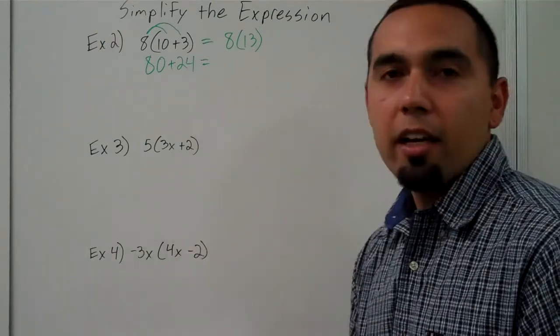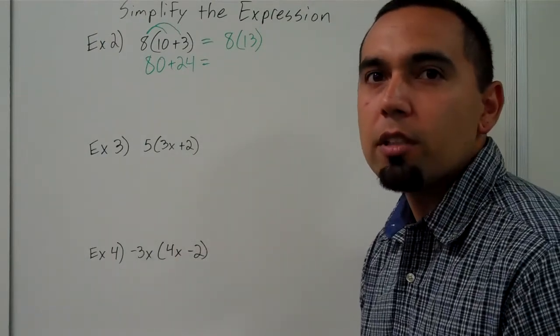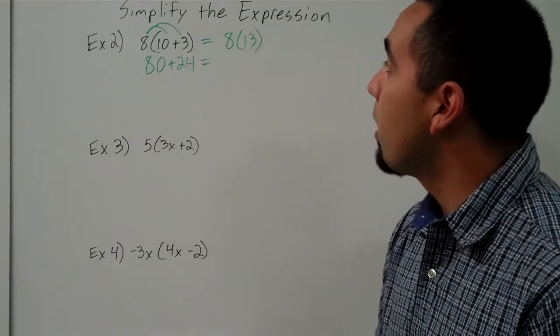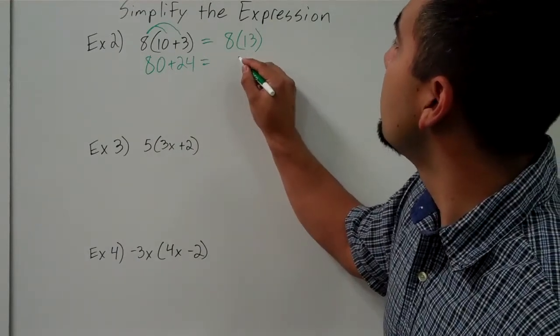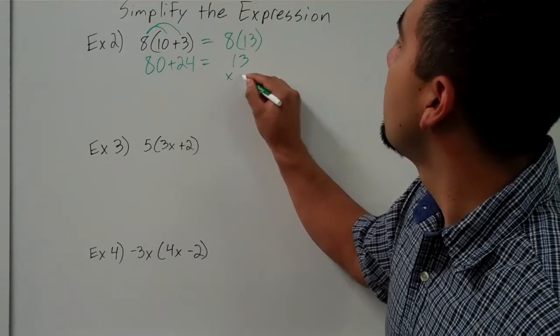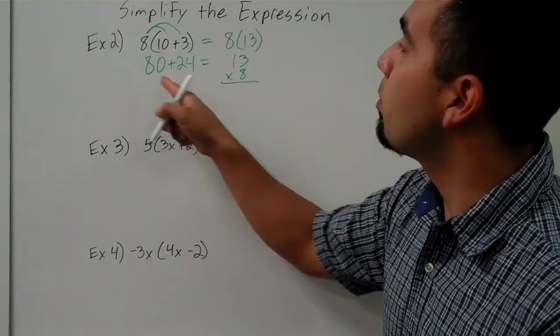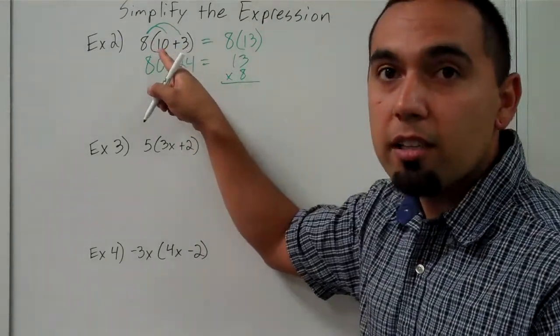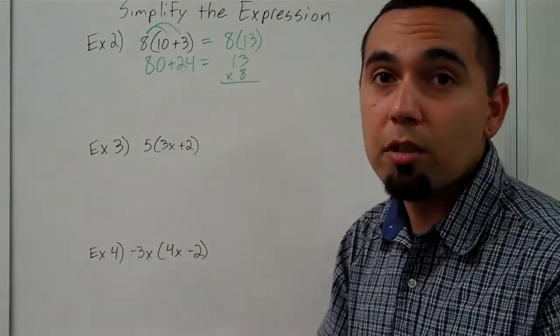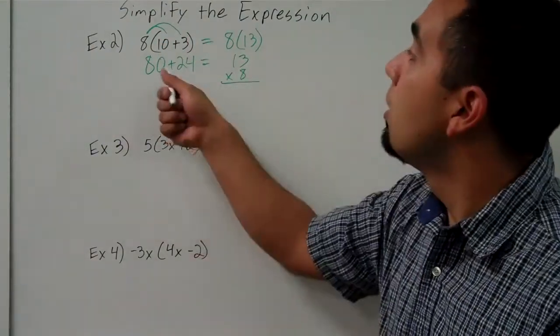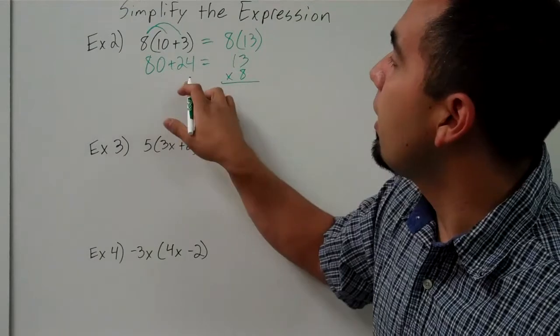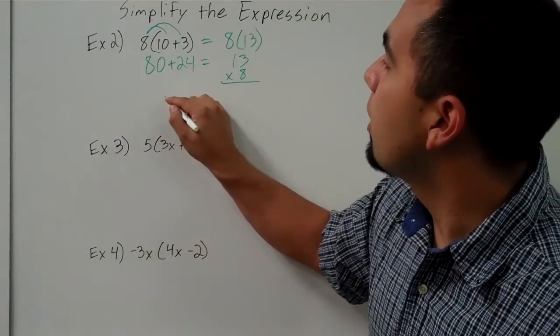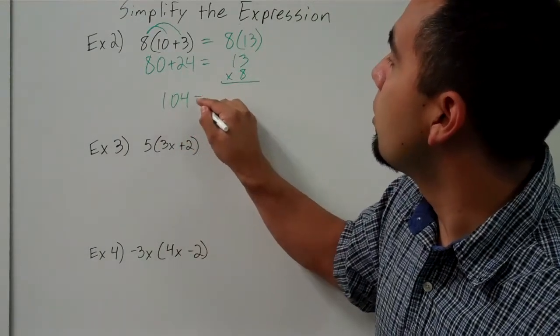That's some high multiplication there. I don't know if I would be able to do that in my head, so I would probably do something like this. But over here, I can easily do 8 times 10, and I can easily do 8 times 3. I know those are real small. So if I add those together, 80 plus 24, that's 104.